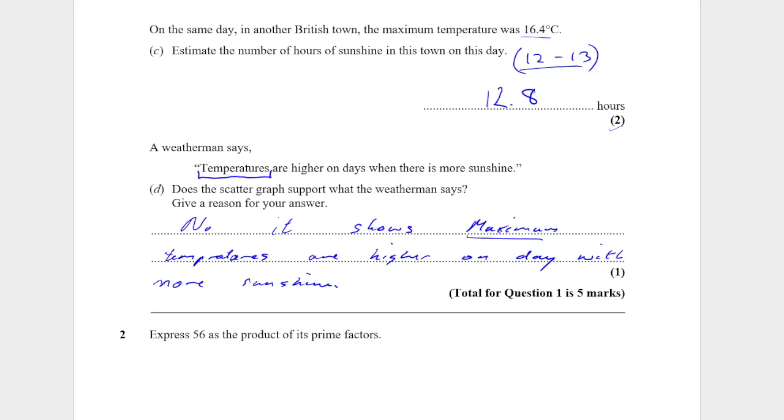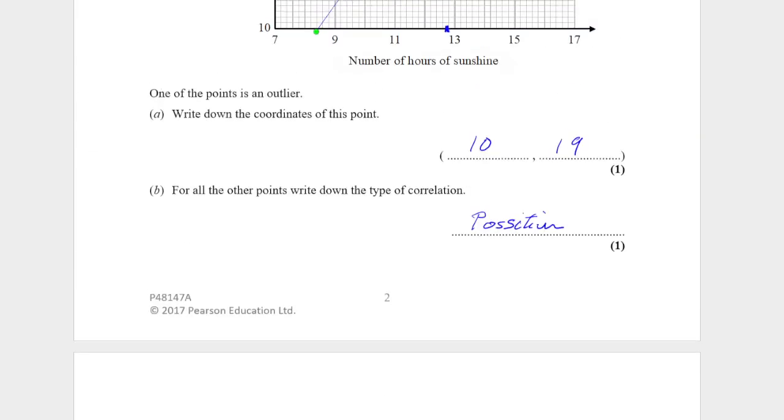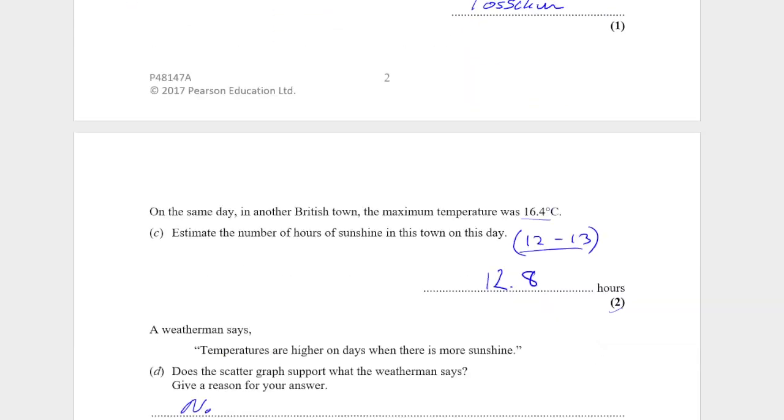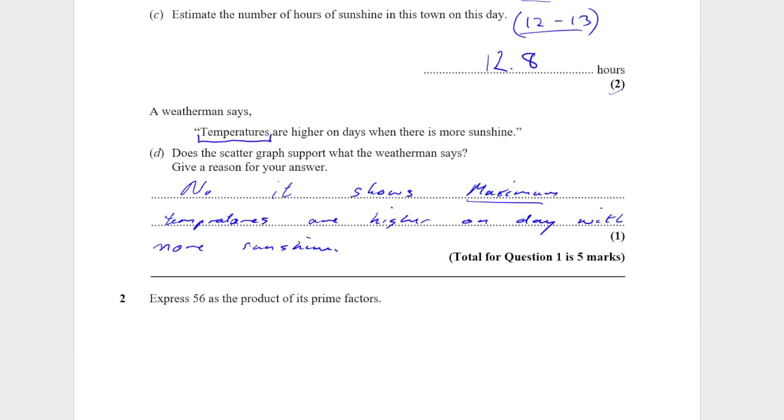But you could get away with yes, which would be the obvious answer. I'm just going a bit more technical on it. If you've gone yes and said the graph shows that the higher the temperature, the longer the hours of sunshine, I'm sure you'll be absolutely fine. They're just after some good understanding of the graph.